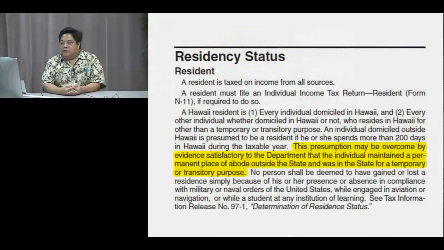So when they say resident, if you can see this yellow on the screen, it says this presumption may be overcome by evidence satisfactory to the department that the individual maintains a permanent place of abode outside of the state, and was in the state for temporary or transitory purpose. So if you claim you're resident, then it's taxed on income from anywhere.